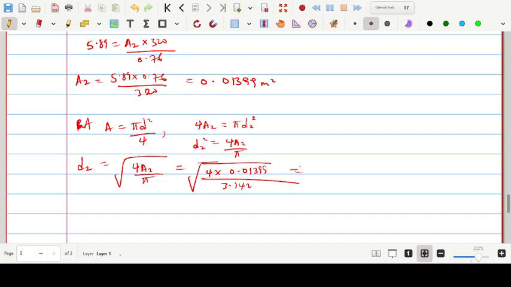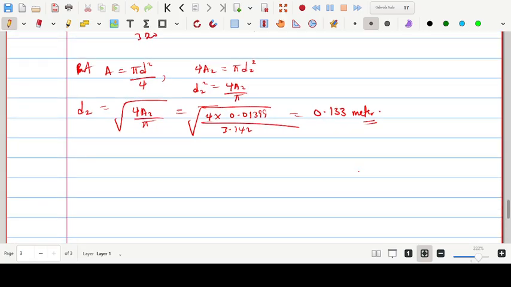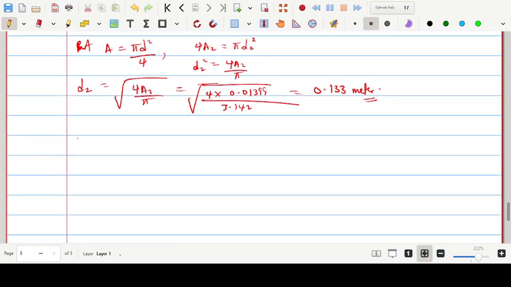And finally, what will I have? I will have 0.133 meters. So always express your answer in sentence form.